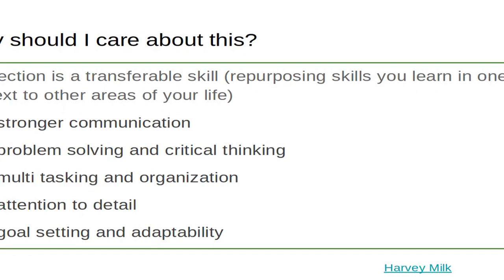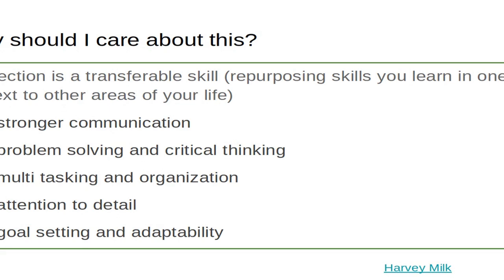You have to use those same problem-solving skills to make sure that you get all the drinks done in the amount of time where no customer is going to be yelling at you, etc., right? There's a number of things that you can transfer this kind of skill to.